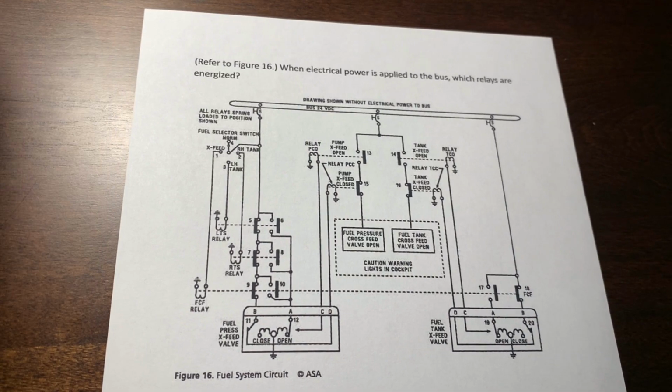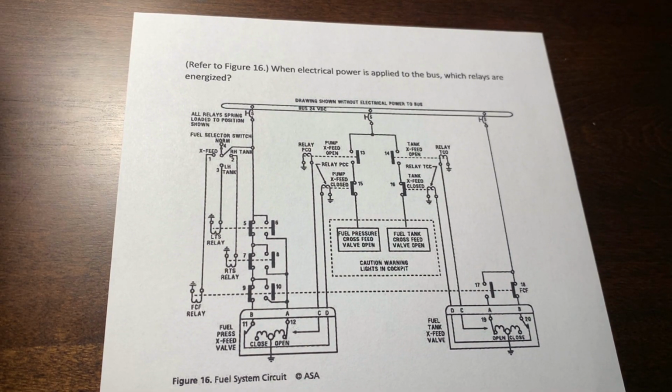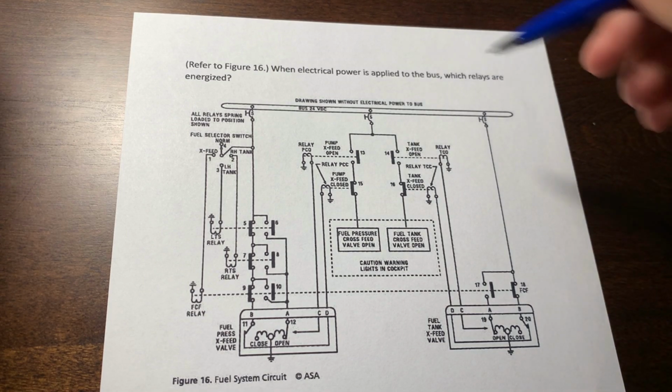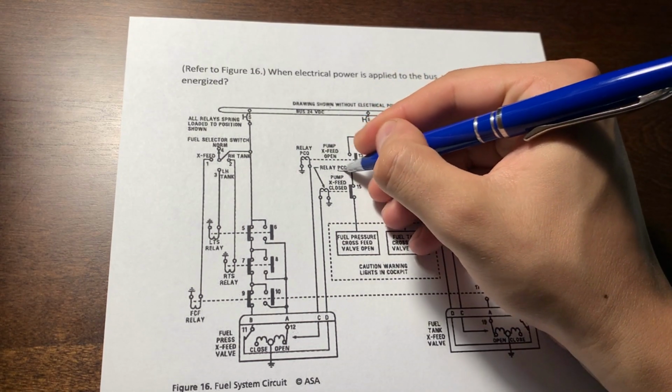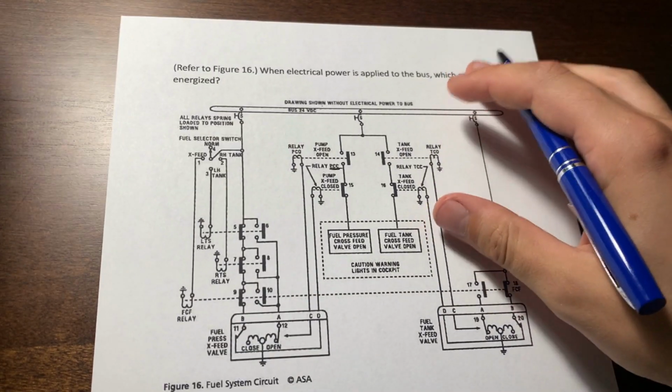When electrical power is applied to the bus, which relays are energized? So, when electrical power is applied to the bus, 24 volt bus, only 2 relays are energized, which are PCC and TCC.